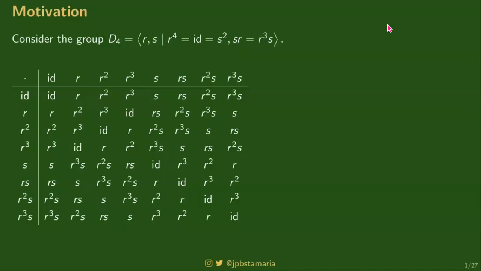Any observation that you can give? It can be divided into four. Yeah, there seems to be a symmetry of four. Very good. It looks like it is divided into four. That's a very good observation.